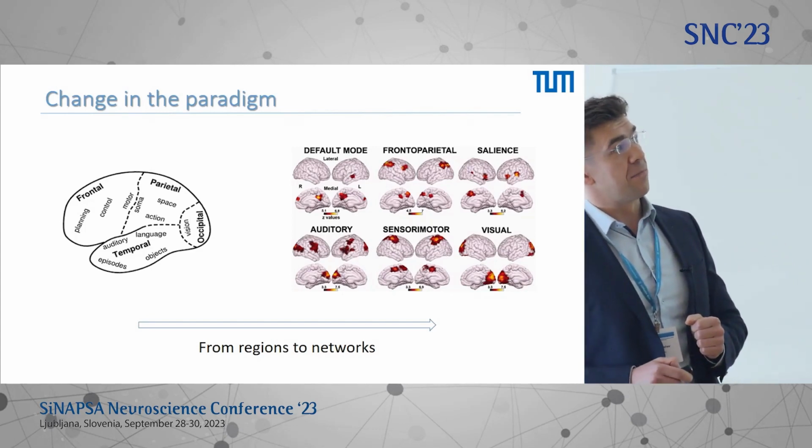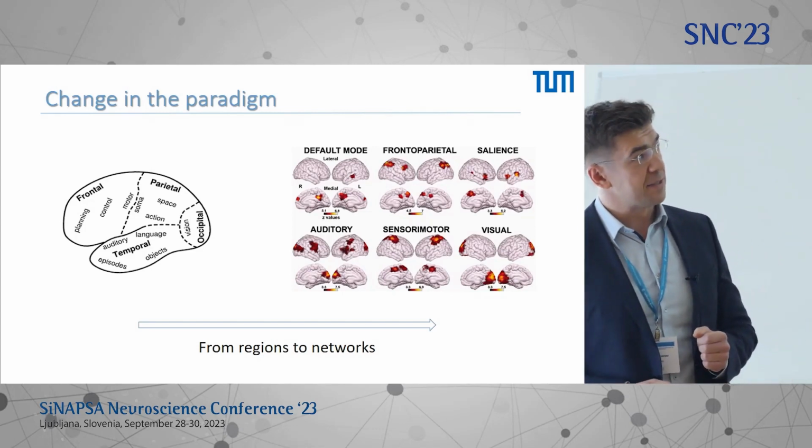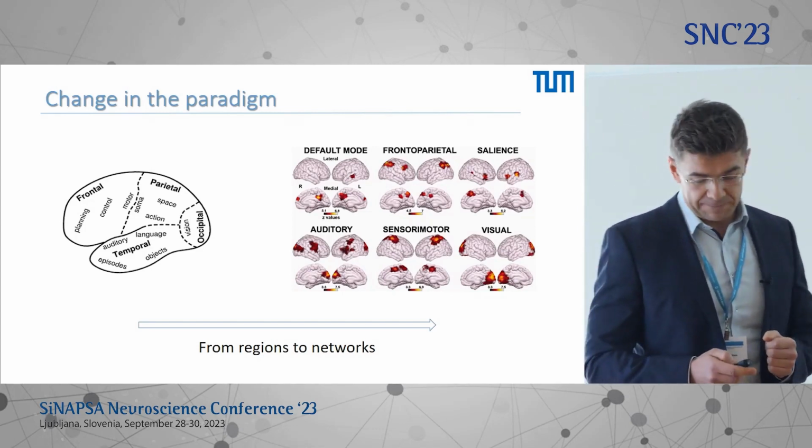Here you see an example of 6 so-called resting state networks as identified in fMRI data.